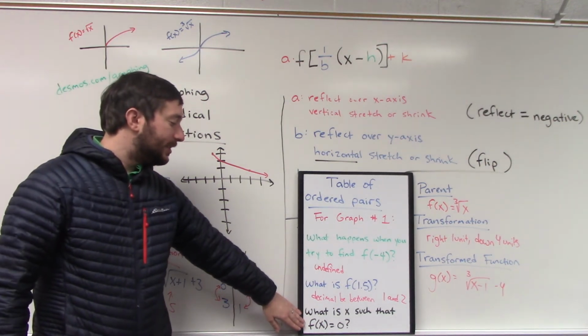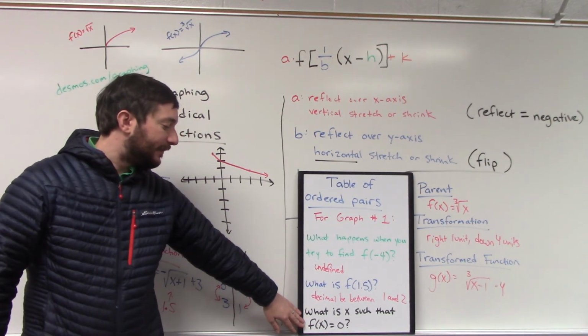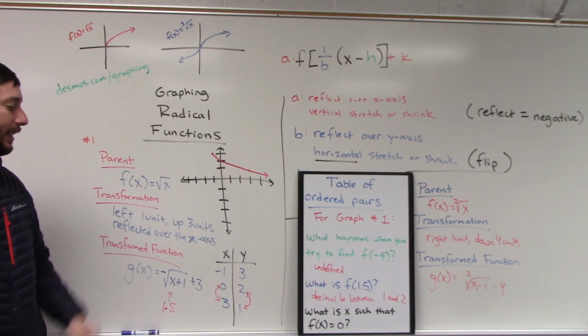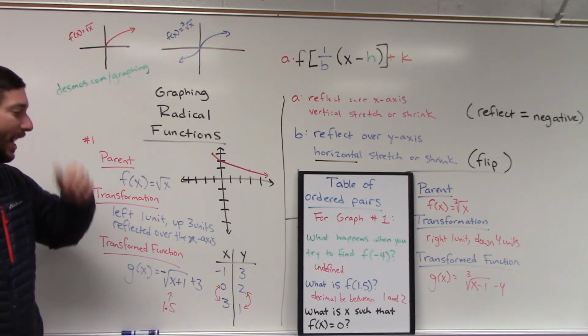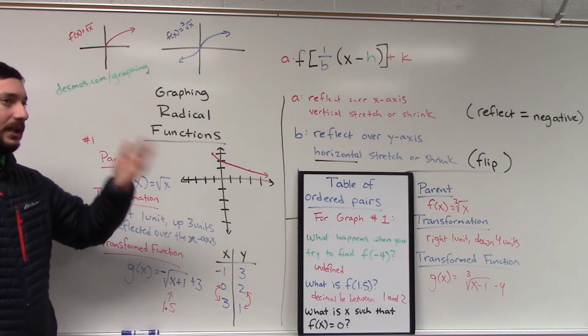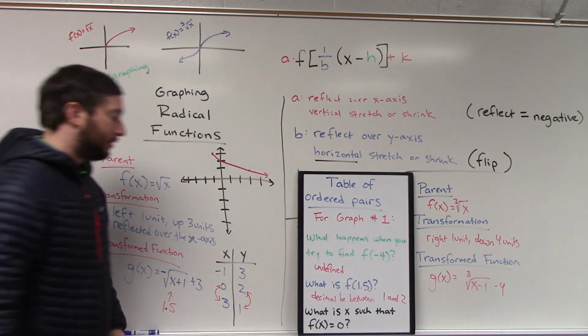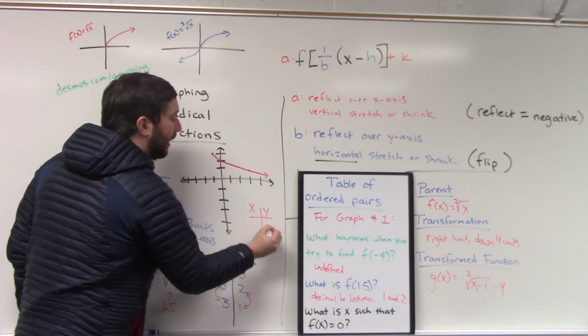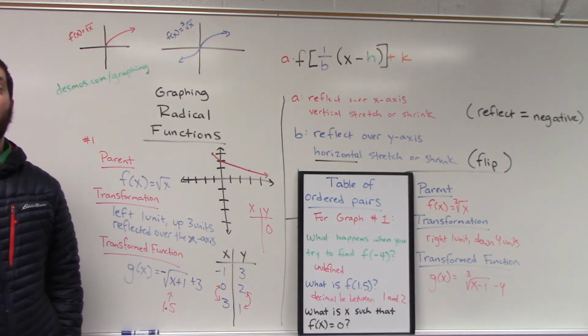And lastly, finally, what is x such that f of x equals 0? In other words, the way to ask this would be, when y is 0, what is x? So pretend I have another table here, x comma y, and I'm looking for when the y coordinate is 0.